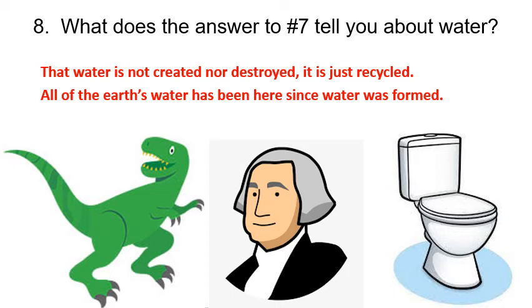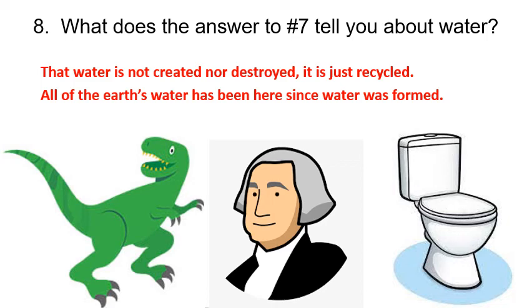It doesn't work that way because water cannot be created or destroyed. So when you go to the bathroom and expel some urine, the H2O part of it is constantly recycled and put back in the water cycle.